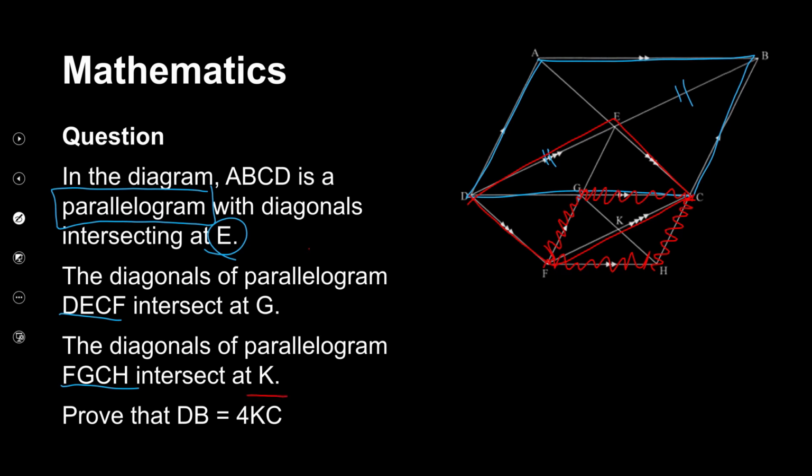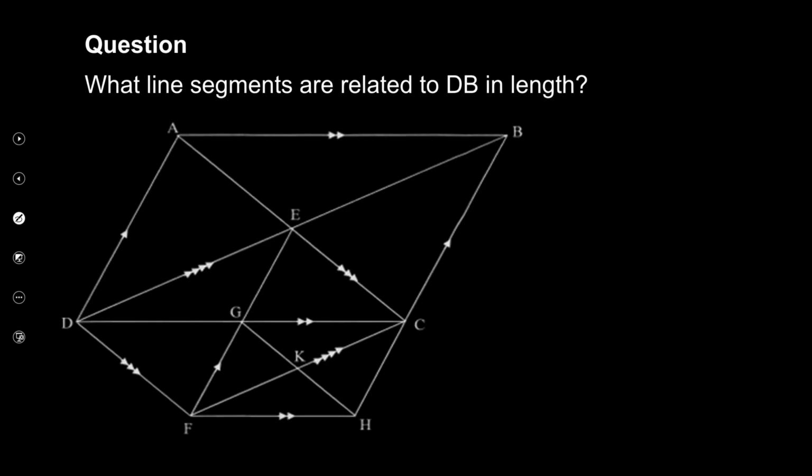But what I just want to prove is that DB is 4 times KC. Let's try and look at that. Remember, this is equals to that, this is equals to that, and we also know that this one is equals to that, let's make it an X, and then this one is equals to that one there.